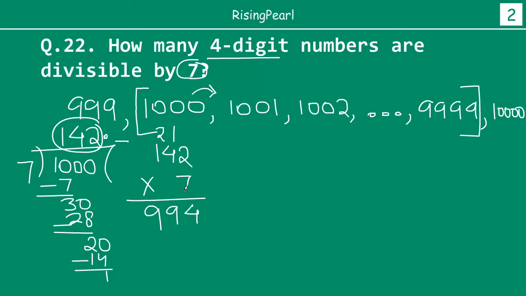Actually, we made a mistake. Yes, we did. If 1000 is not divisible by 7, then instead of taking 142, we have to take 143. Because if we take 142, that means we are trying to find the number immediately smaller than 1000 which is divisible by 7.